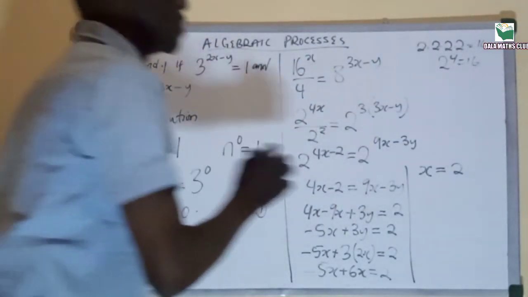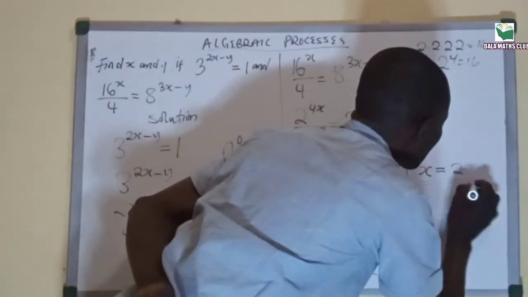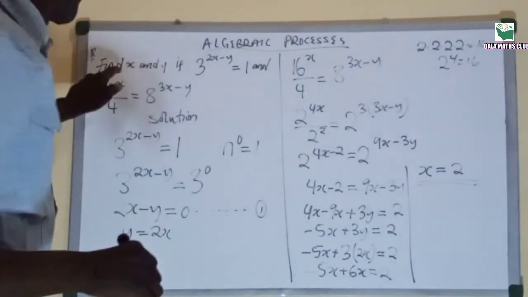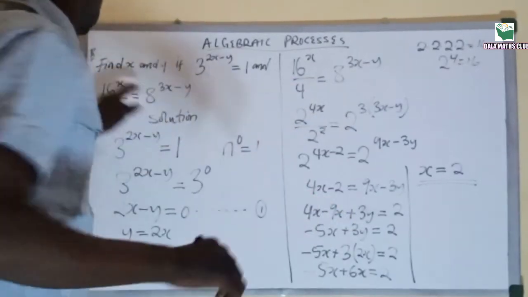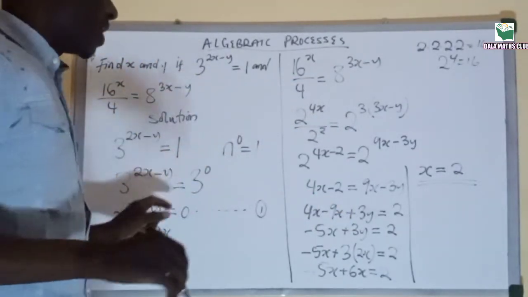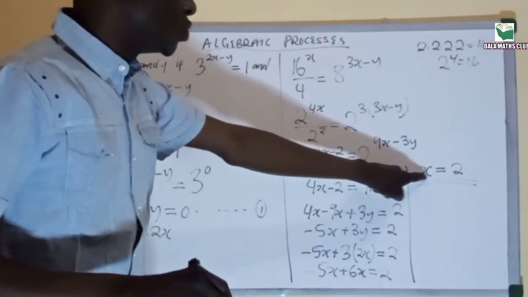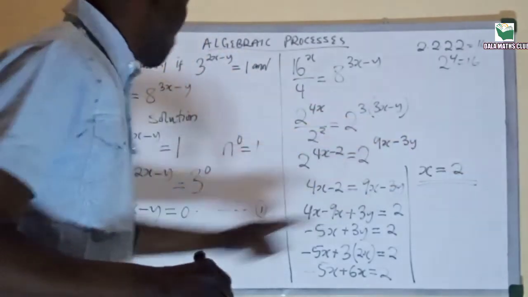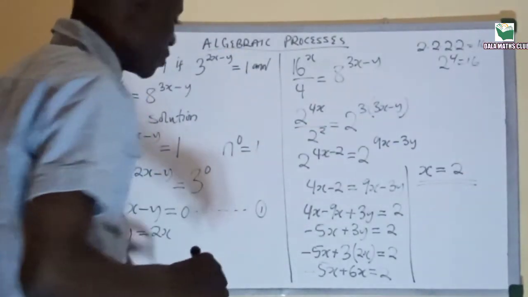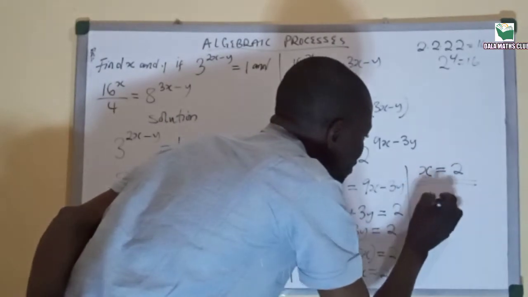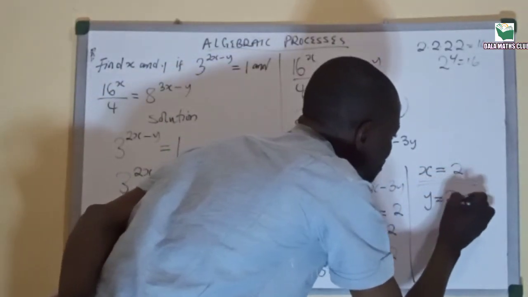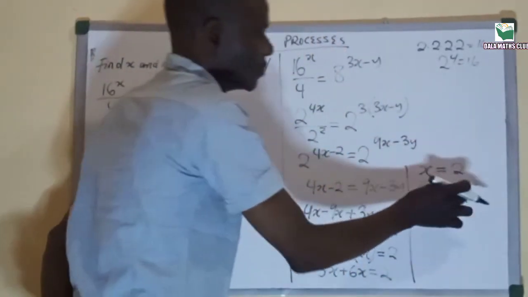Our x is 2. We have now calculated the value of x. From the question we are asked to find x and y, so we substitute x is equal to 2 into y is equal to 2x. Wherever we have x, we change it with 2.